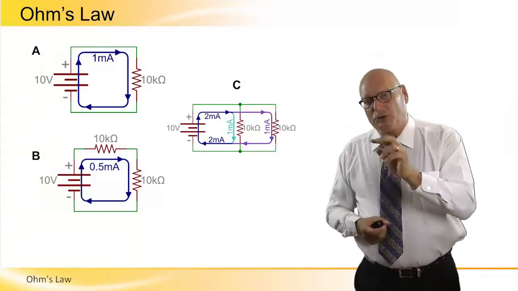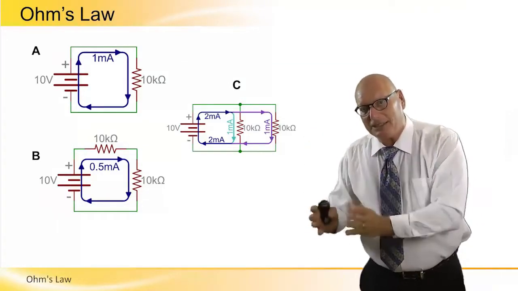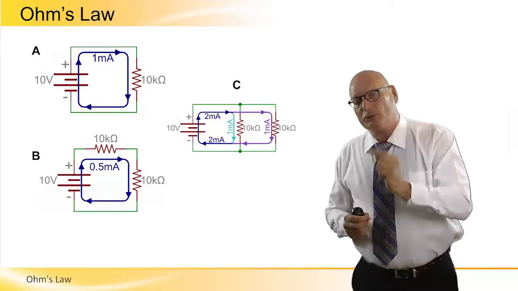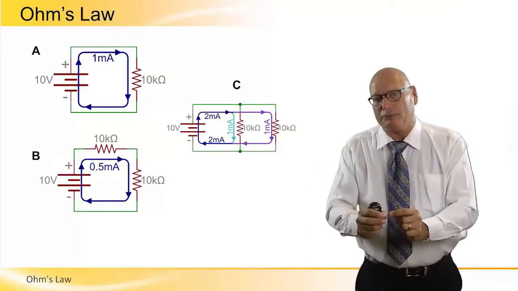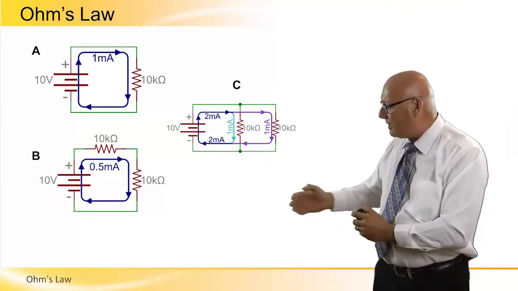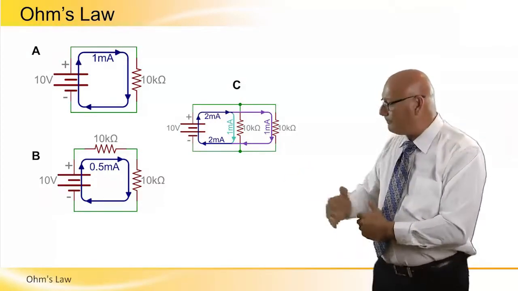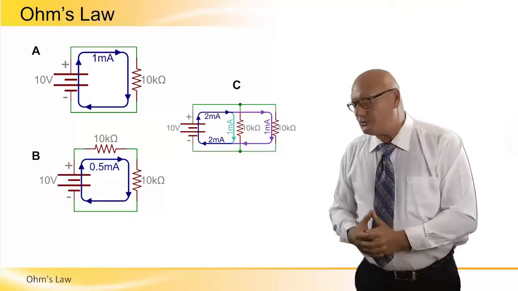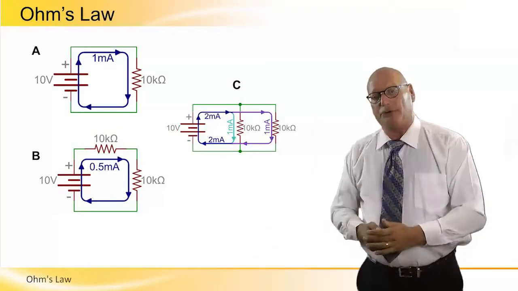Because the 2 resistors are in parallel and identical, these 2 milliamps will be split in 2 halves exactly. 50% will go to branch number 1 and 50% to branch number 2. We can see 1 milliamp goes to the right resistor and 1 milliamp goes to the left resistor in parallel. 2 milliamps coming in, 2 milliamps coming out.